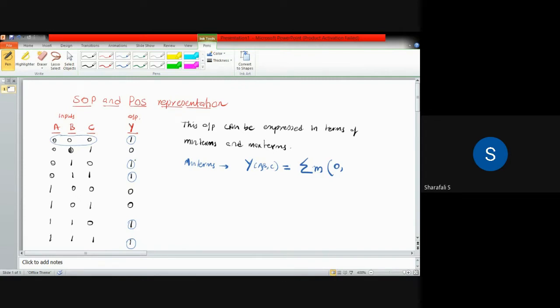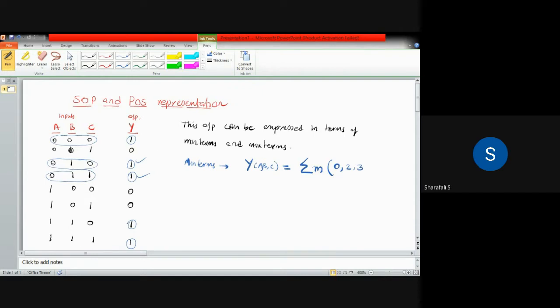Then you are having the next one here. So you have to choose this input of this variable. So this is corresponding to decimal equivalent 2. That is the position or address will be 2. And the next one is this. So this is nothing but 3.